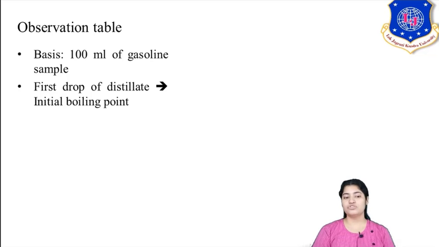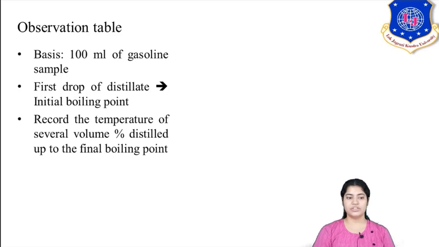The first drop of distillate which I get is your initial boiling point. We discussed that definition in the first chapter also: it is the minimum temperature at which the first drop of distillate is obtained. So that is your initial boiling point.